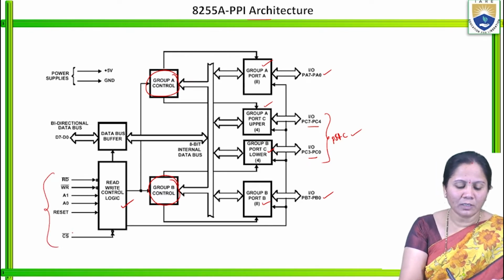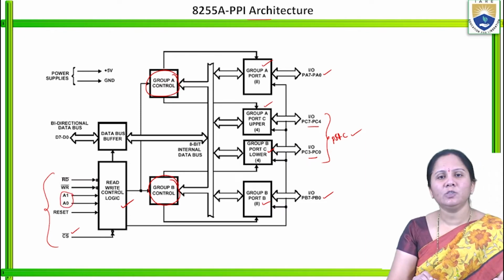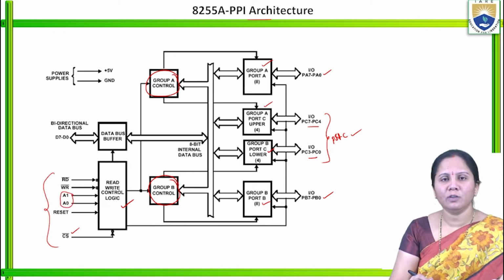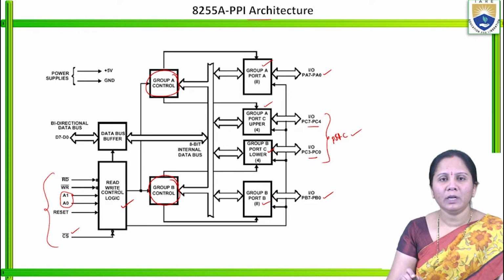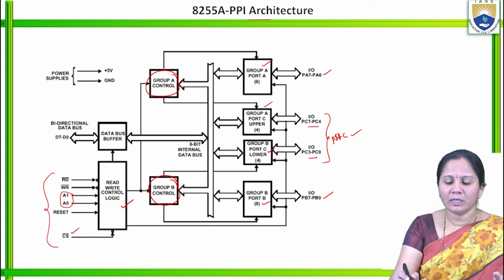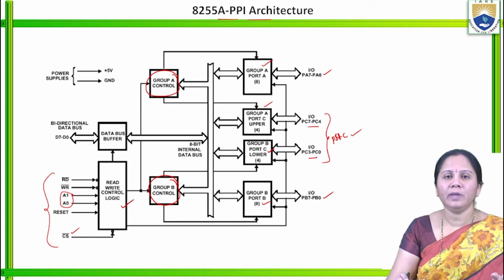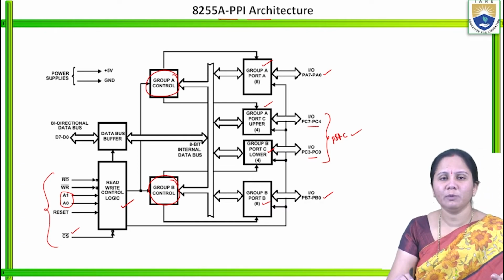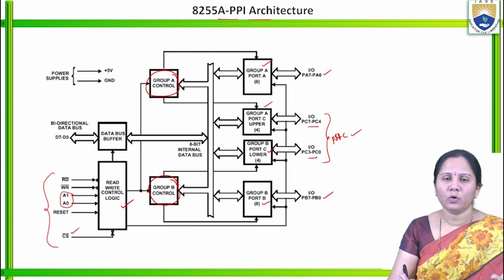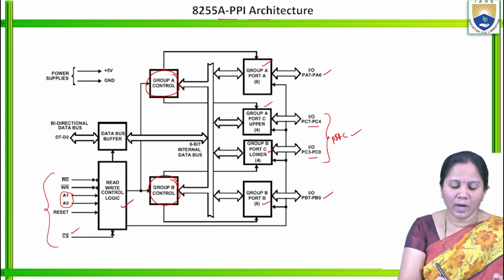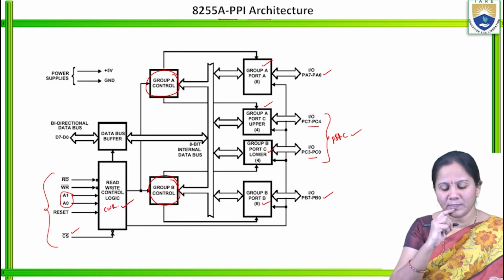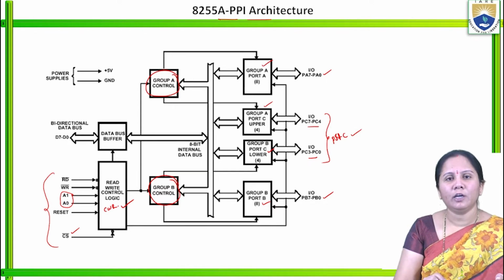As we have seen, these three control signals, CS bar, A0 and A1, are used to select a proper port or the control word register. We are saying this 8255A is a programmable IC. That programming is done with the control word register, which is present in this read-write control logic.